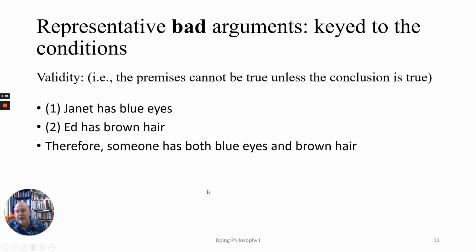So here's an argument example. Janet has blue eyes, Ed has brown hair. Therefore, someone has both blue eyes and brown hair. It could be true that Janet has blue eyes, and it could be true that Ed has brown hair, and it could be false that somebody has both these things.